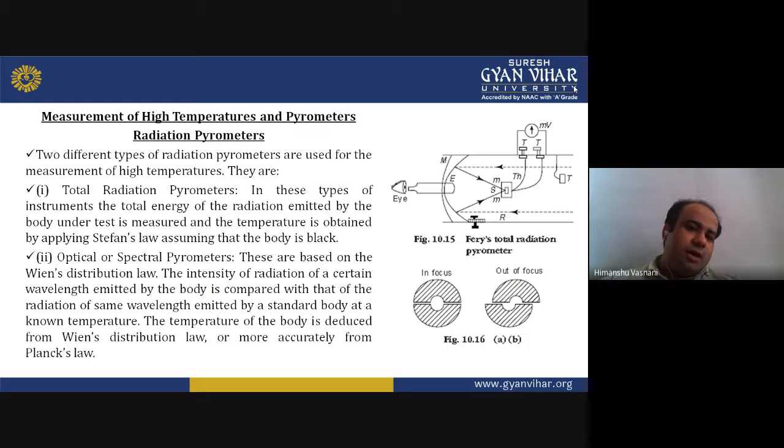In this type of instrument, the total energy of the radiation emitted by the body under test is measured, and the temperature is obtained by applying Stefan's law, assuming that the body is black.